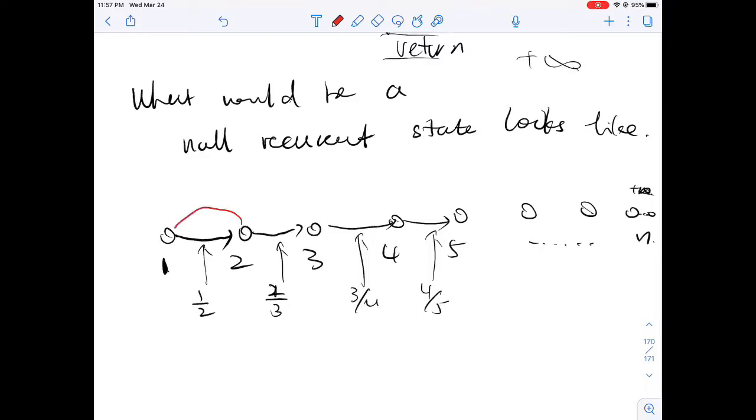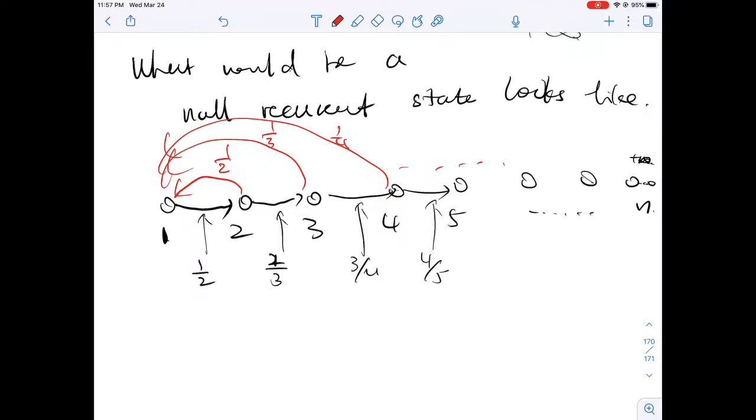And there's also a small probability that we are returning. This is 1/2, this is 1/3, and this is 1/4, and so on. For the nth state it is 1/n.